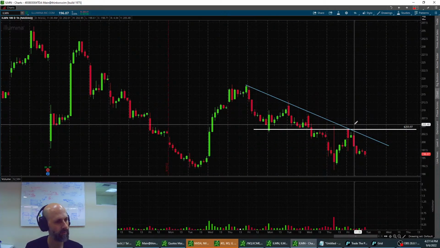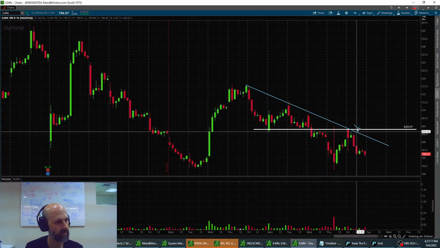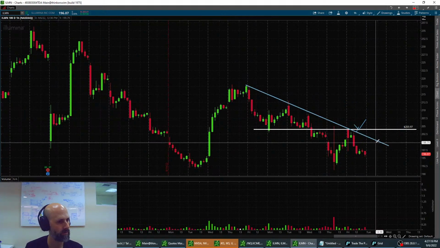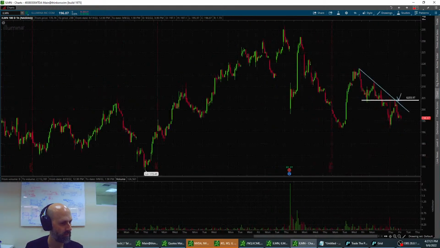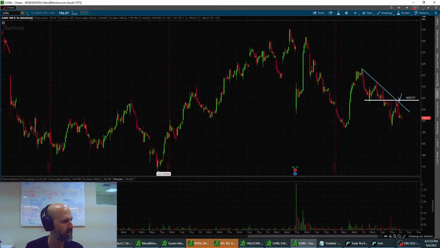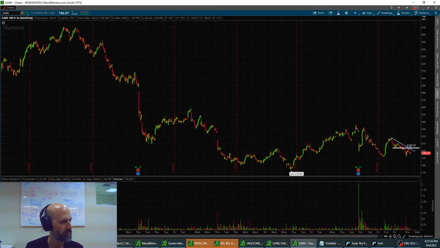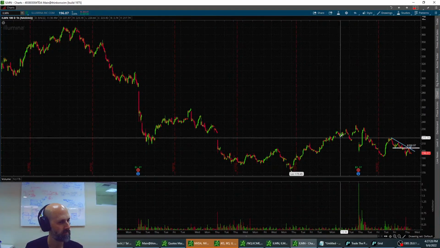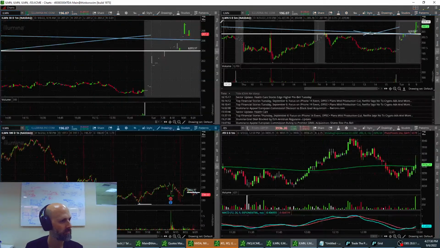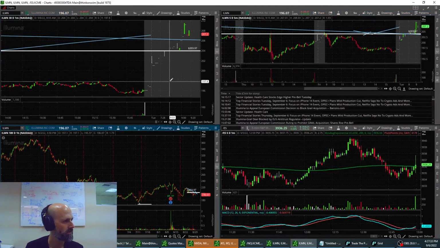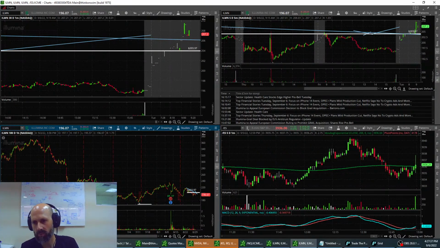So if it retraces to this level, you might want to look for upside. I don't see a lot of volume coming in, so that's also a problem. So make sure before you trade it that you actually see some volume coming in. No volume, no good.